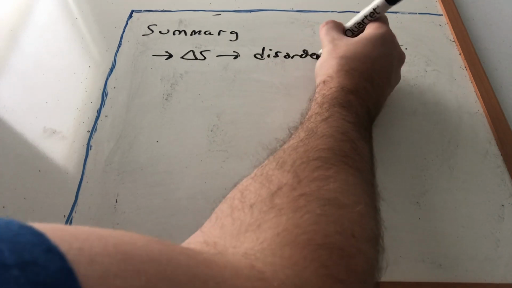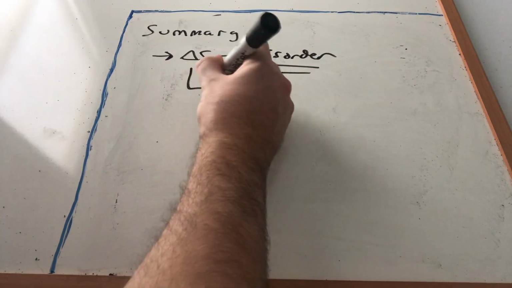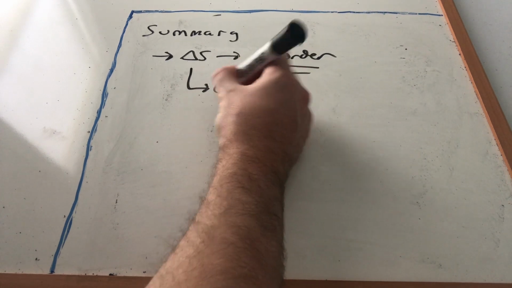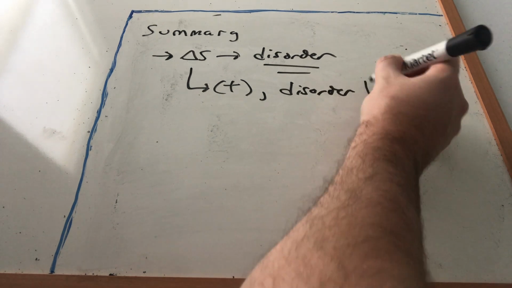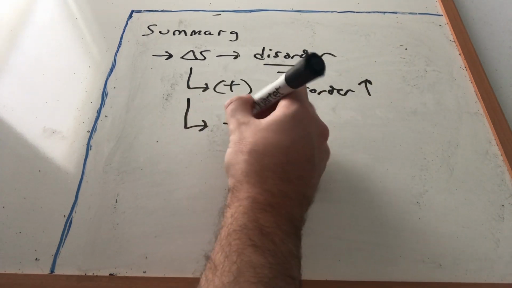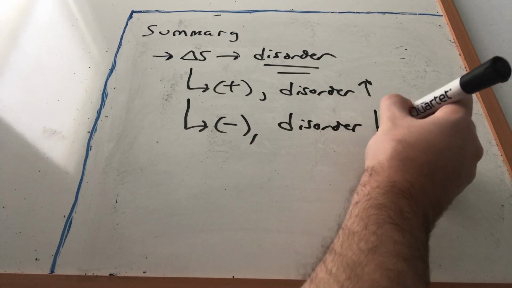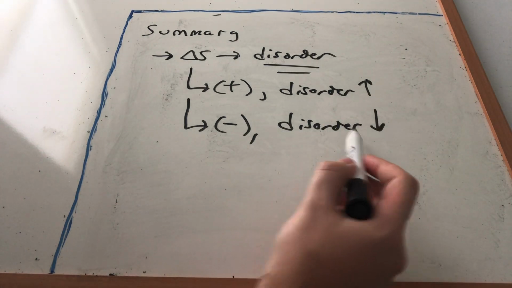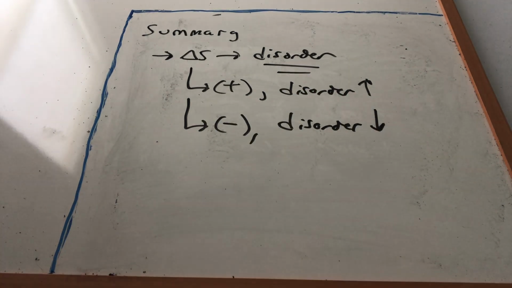It measures disorder, and that's it. When it's positive, disorder has gone up. When it's negative, disorder has gone down. The system becomes more ordered when it's negative. The system becomes more disordered when it's positive.